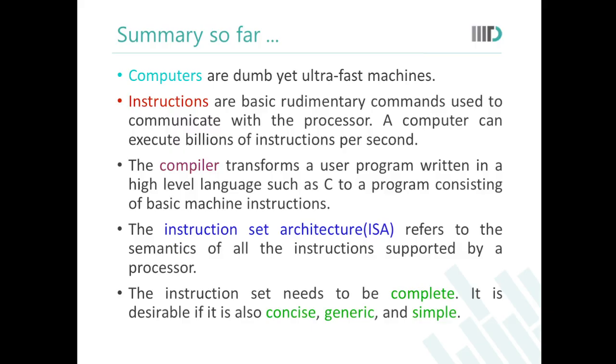The instruction set architecture needs to be complete, so that it can execute most or all of the programs which the user or programmer needs to run. It is also desirable that it should be concise, generic and simple. All right. So, this is what we have discussed so far.